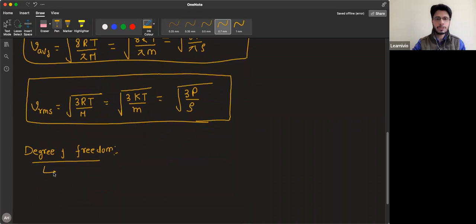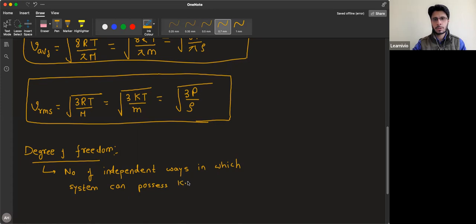So the number of independent ways in which a system can possess kinetic energy is known as degree of freedom.